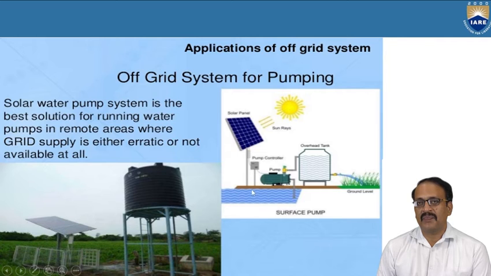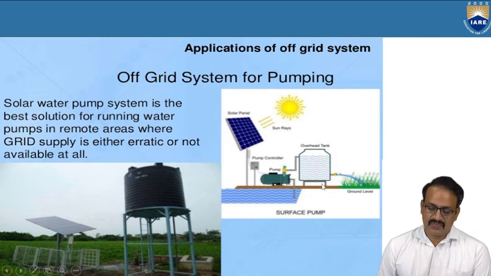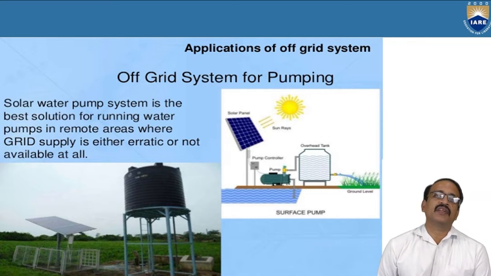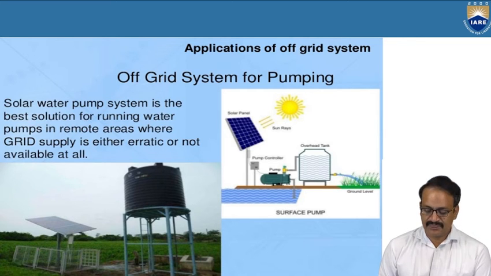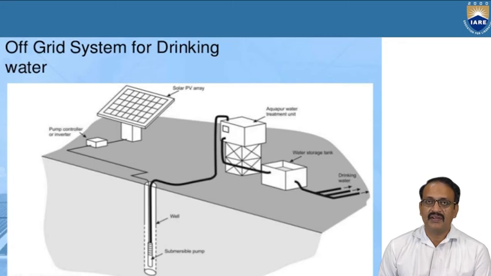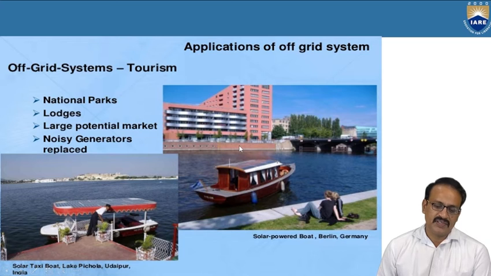The pump is pumping the water and storing it in the overhead tank, and afterwards we will be using the water maybe for agriculture or some other purposes. You can use this for drinking water also. So we can pump good water and use it for drinking purposes also.